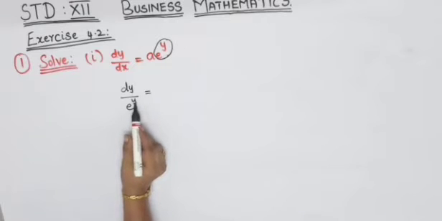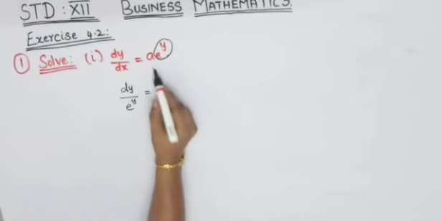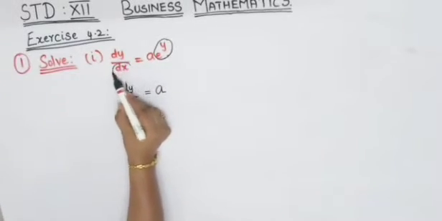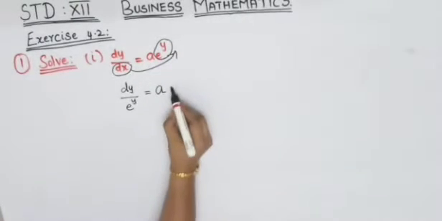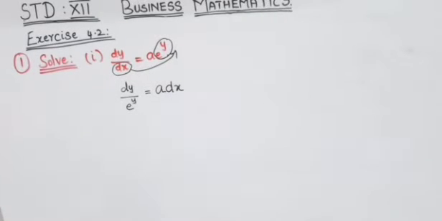So it is e power y, dy divided by e power y, which is equal to a, which we will keep here itself. The dx in the denominator, you will have to take towards your right hand side, so it will become dx. So a into dx on the right hand side.